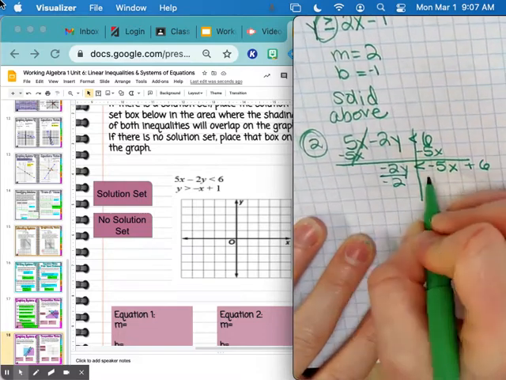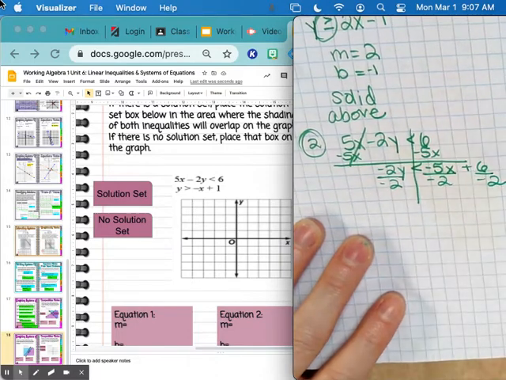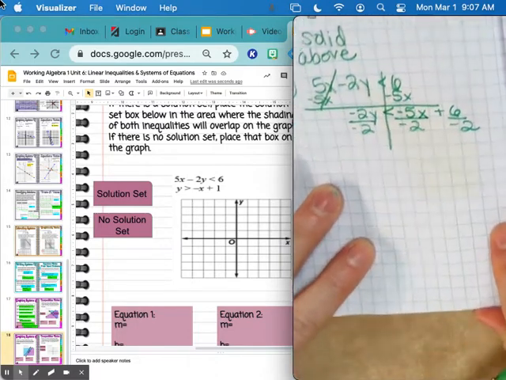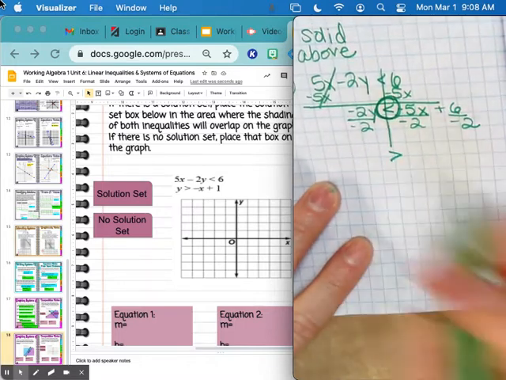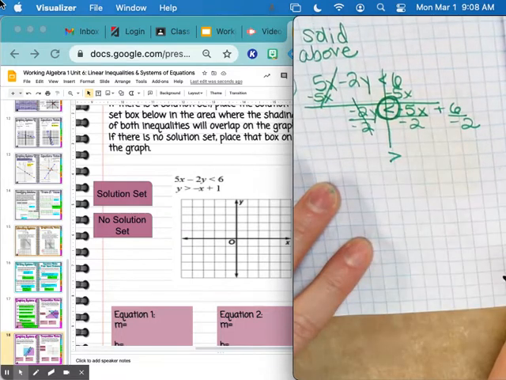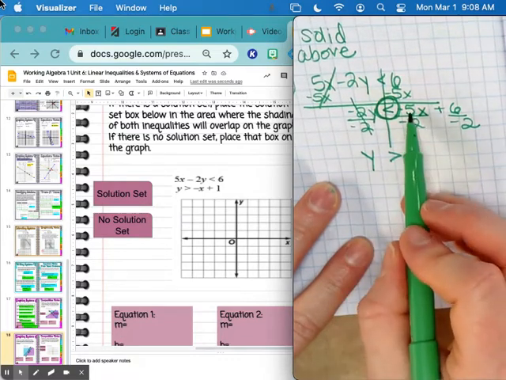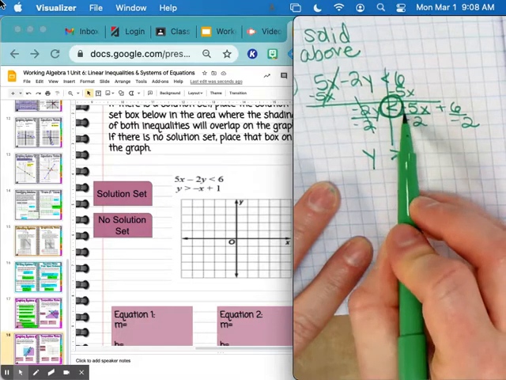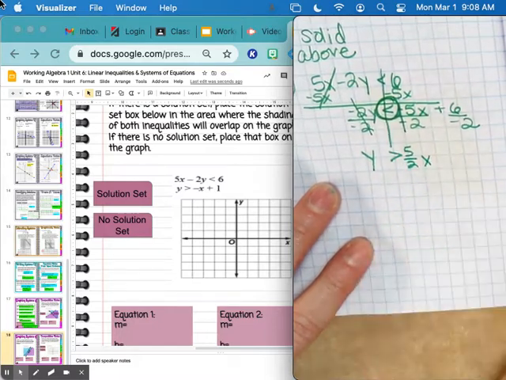Why? Divide by that negative 2. What happens when I divide by a negative 2, though? Yeah, flip that sign. So this becomes y is greater than negative over negative, positive. So it's 5 over 2 x.